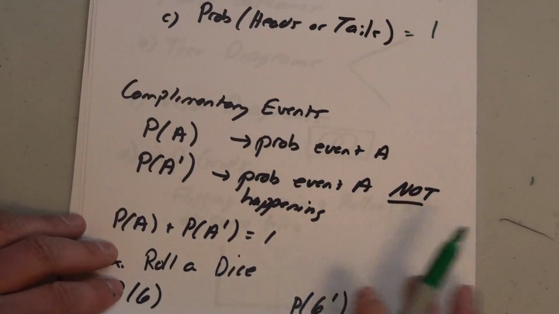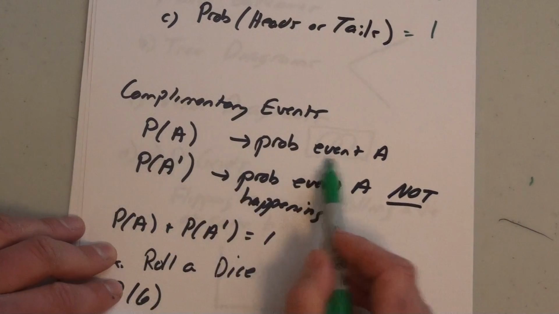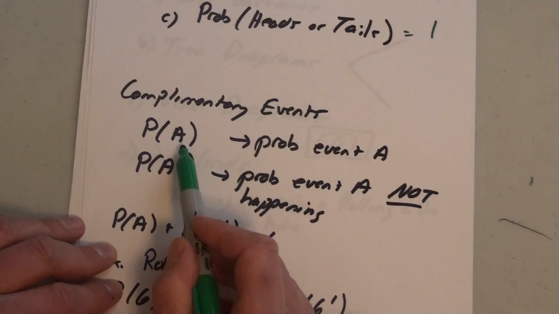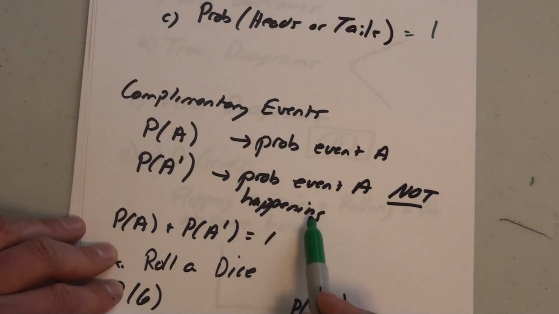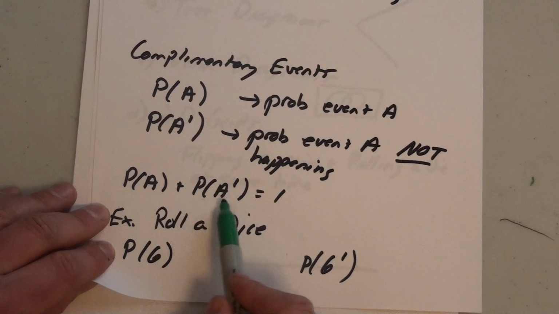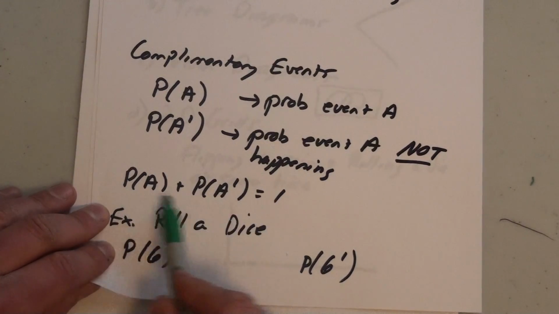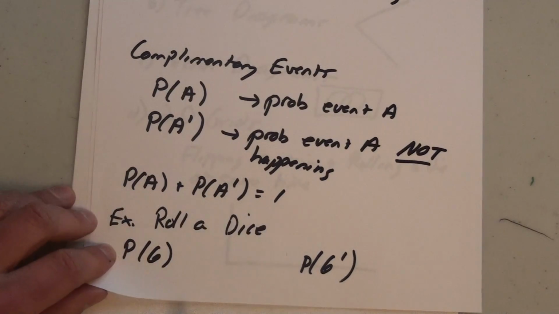Complementary events are you have something happening, you have it not happening. So if I have event A, whatever A is, A with a little prime symbol represents A not happening. And the probability of event A plus the probability of event A prime equals 1. Either it happens or it doesn't happen. And when you add those 2 up, it's going to add up to 100%.